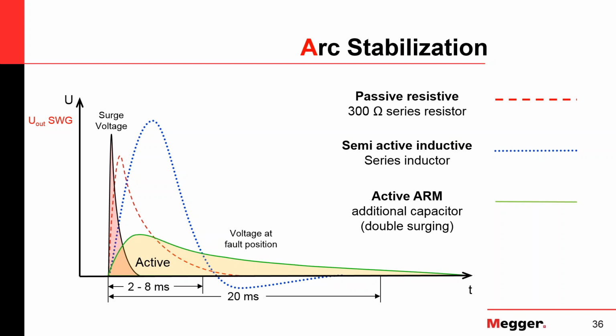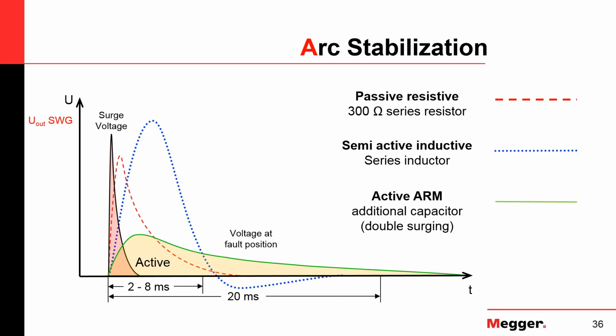With the resistive filter, you're already extending the time. Then you have a semi-active way of doing that, and you have a coil, an inductor there, which already extends the time the arc is present at the fault. And then you have a technique where you actually discharge an additional capacitor on top of your main capacitor, and that would be considered active.